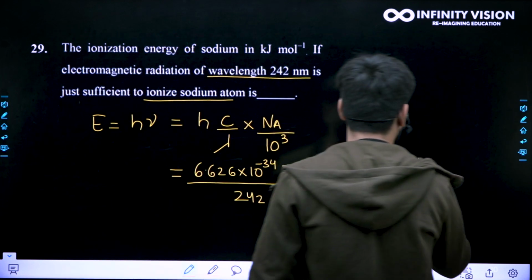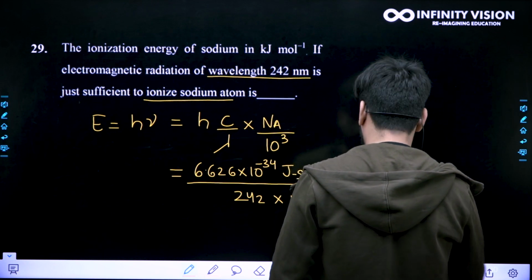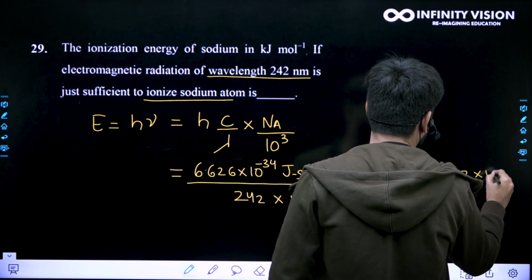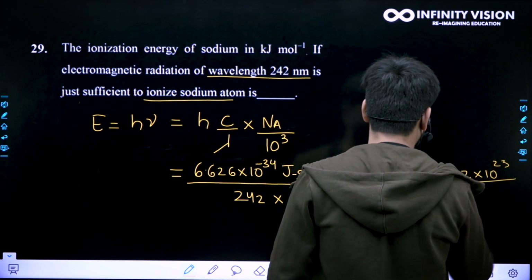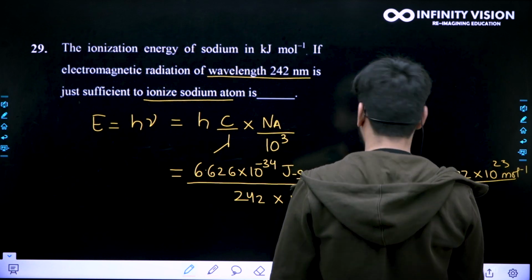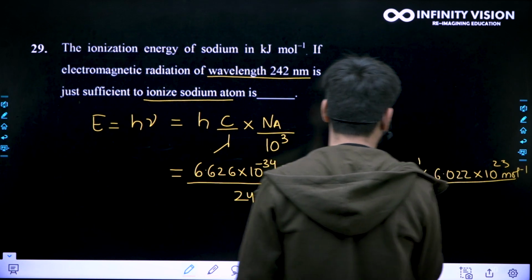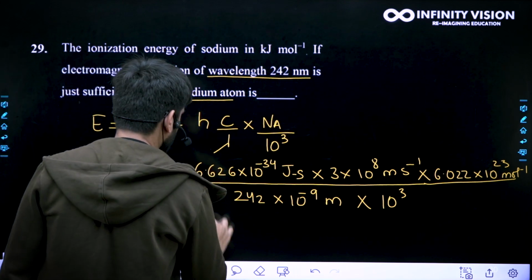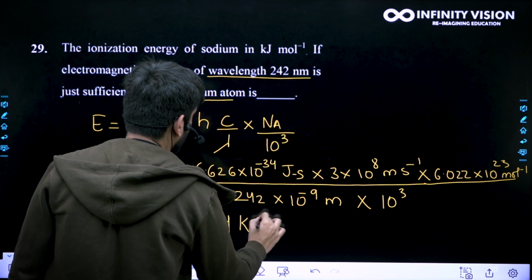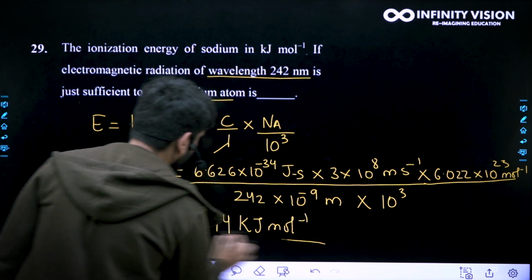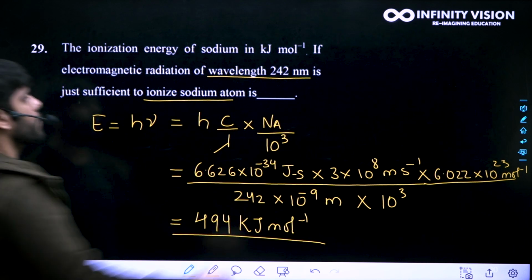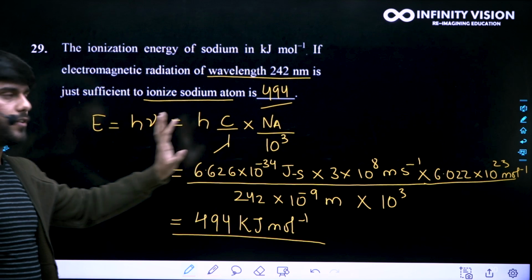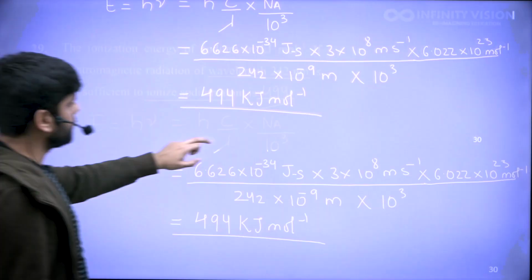Then we have Avogadro's number, which is 6.022 into 10 to the power 23, right, per mole. And here we have 10 to the power 3, right? And when you solve it, we will get the answer 494 kilojoule per mole, right? So what is the answer? The answer is 494 kilojoule per mole. I hope this is clear. Let us discuss the next question.